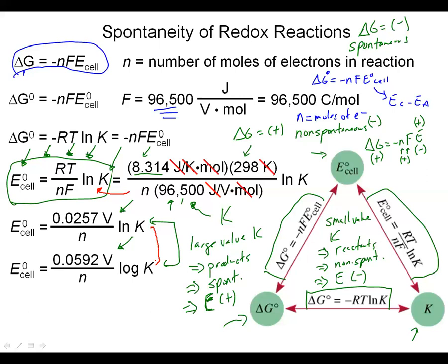The difference is just that one's the natural log and one's the log base 10. Technically speaking, if you're at 25 degrees Celsius, they all should give you the same answer. In practice, though, depending on which one you choose and how you round, you may get slightly different answers, because you're involving logs and inverse logs.